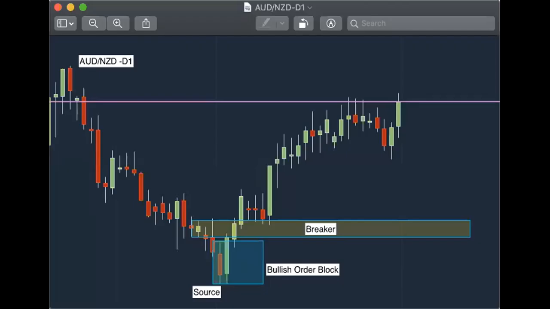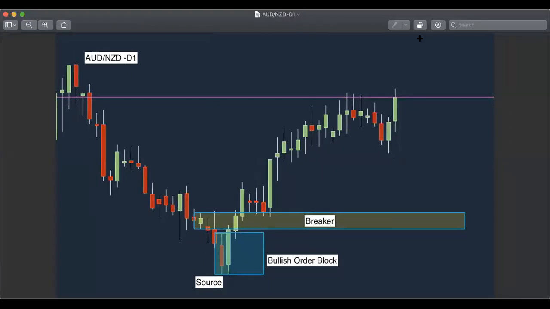As you can see in this example, which we have for Aussie NZD, again, we have a down order flow, down price action. So the price is pushing down, pushing down, pushing down. And here we have the structure change happening.